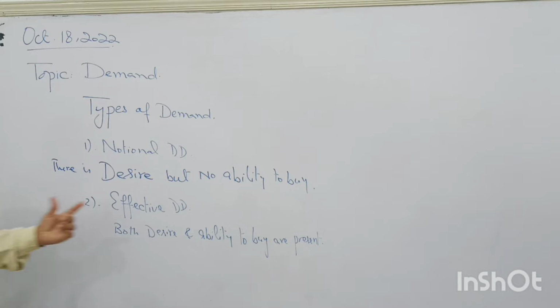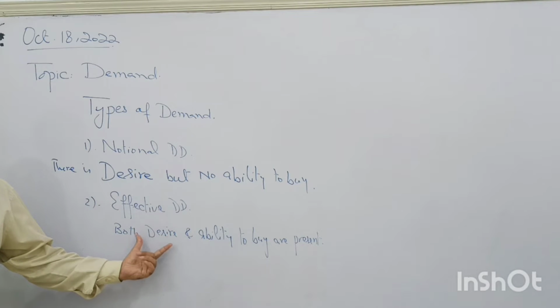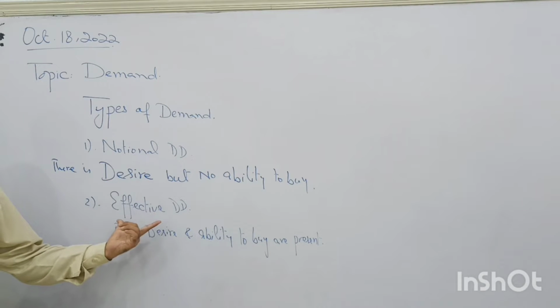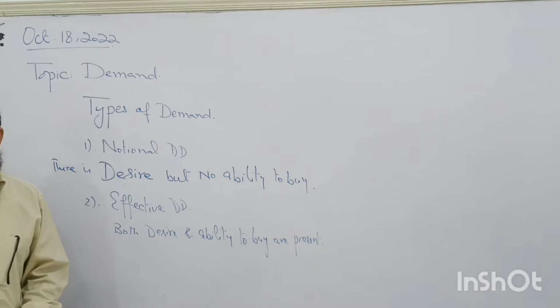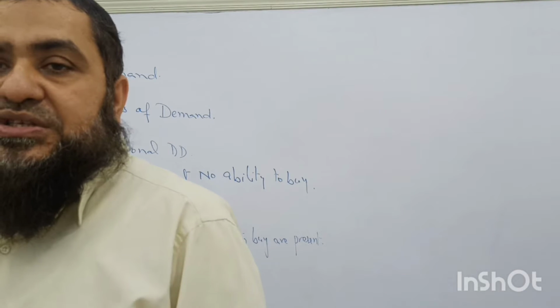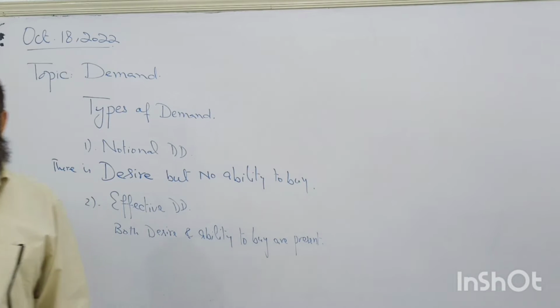This is called effective demand. So both should be present. We are talking about this type of demand. This is only a want, and this is what? Effective demand. Many times we find an MCQ related to what is meant by effective demand. So we say this is a demand which is having both the things, desire and ability to buy.